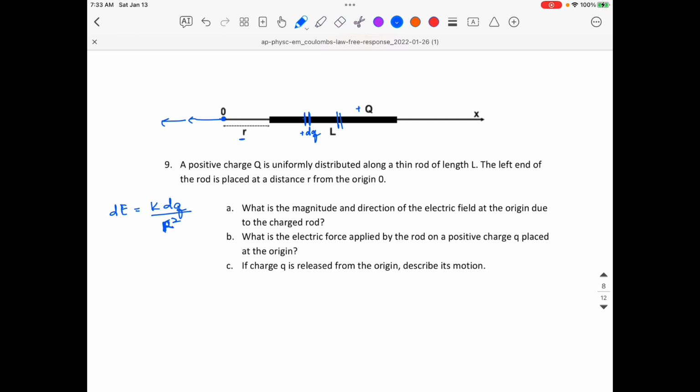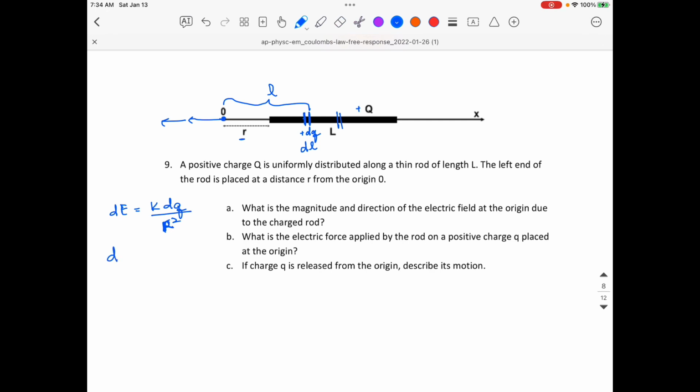To identify what that radius would be, since I know that capital L is the length of the rod, I'm going to make the distance, which would be the radius, lowercase l. So that's going to be my radius. And I'm going to take a portion of this distance and call it dl. It's just representing a little piece of the entire object.